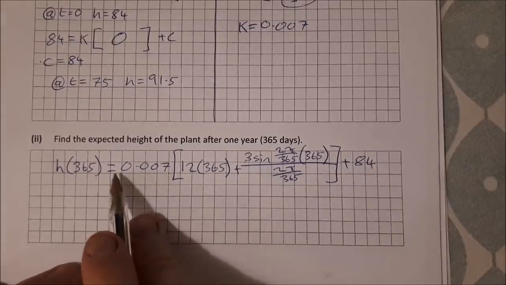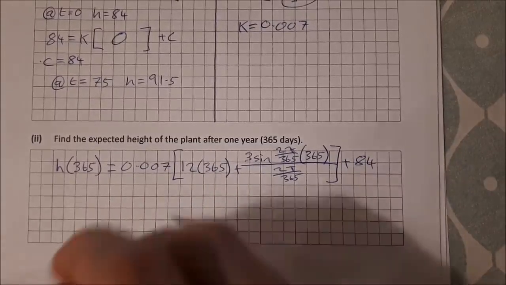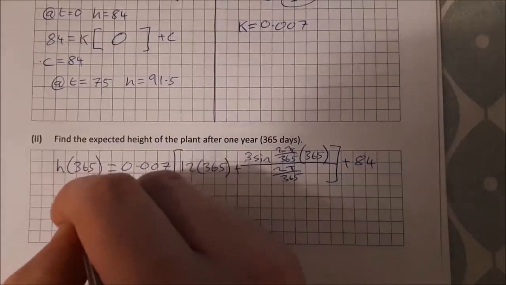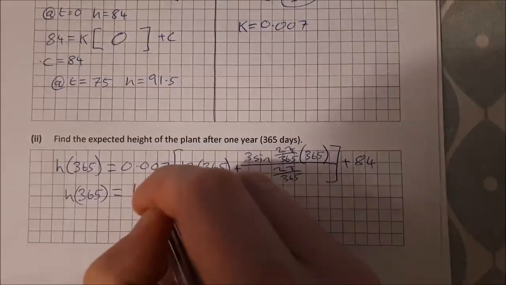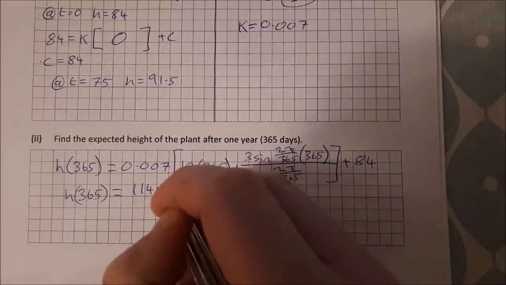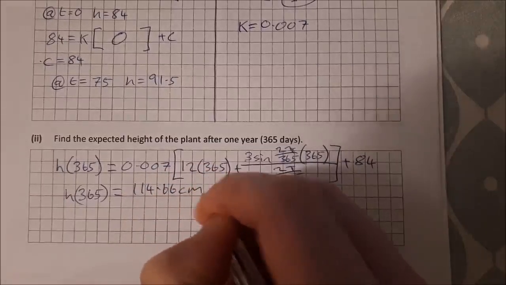So if you can sub all that straight into your calculator, you get h of 365 is equal to 114.66 centimeters.